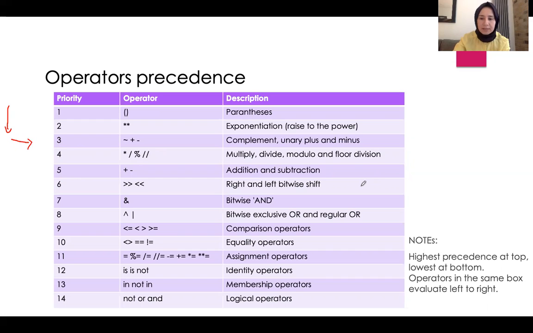Operators in the same box evaluate from left to right. When we look at here, guys, those are the priorities, so we do the parentheses first, then the exponentiation, then complement, unary plus and minus, and so on, from left to right. So this is basically the operator precedence table.